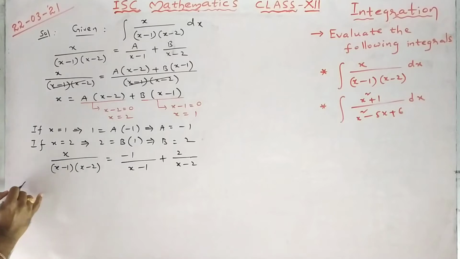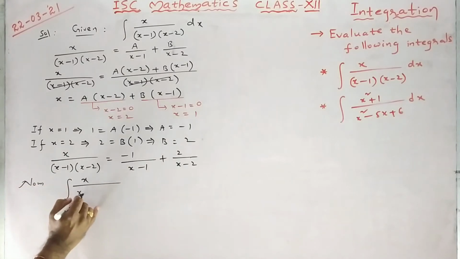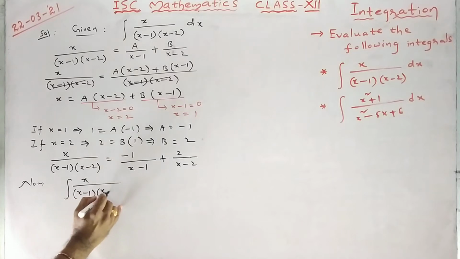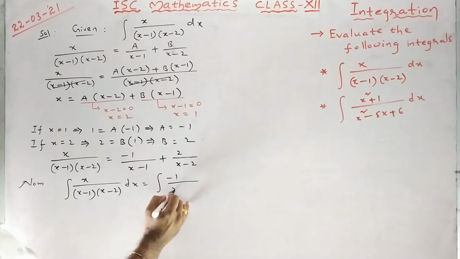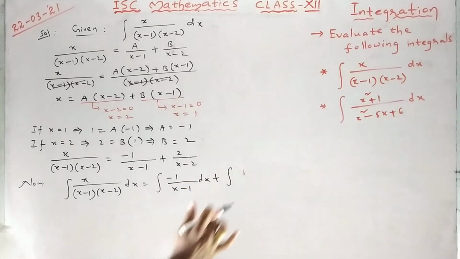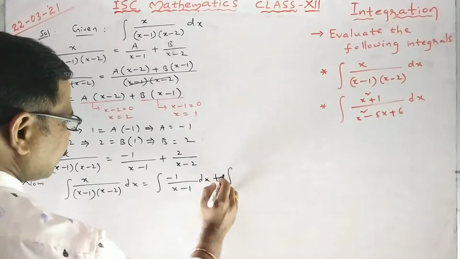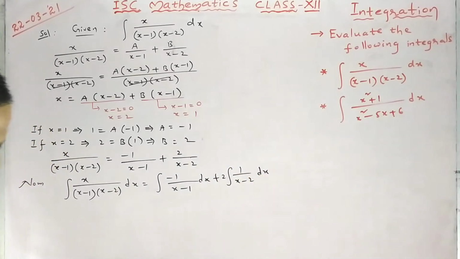Now take the integral. Integral x by (x minus 1)(x minus 2) dx equal to integral minus 1 by (x minus 1) dx plus integral 2 times 1 by (x minus 2) dx.